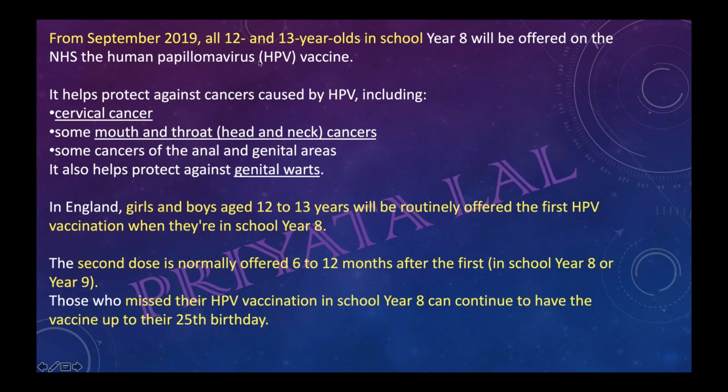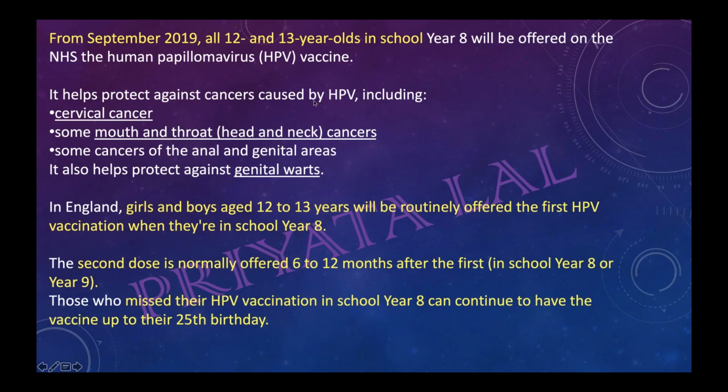So what is new? Before September 2019, only girls were getting the vaccine, but now both girls and boys are getting the vaccine at 12 to 13 years of age, that is school year 8. Okay, this is the new thing. This is important for Part 2 people.